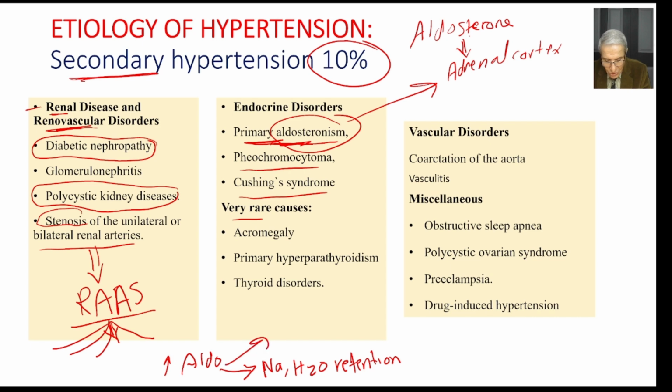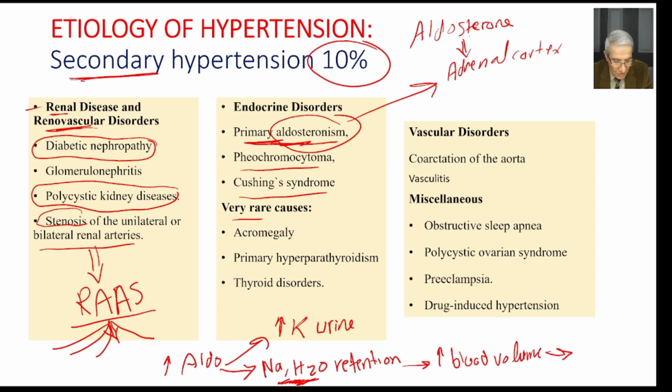This is number one. Number two, increased excretion of potassium in the urine. So the patient starts to retain sodium and water, and the result will be increased blood volume.